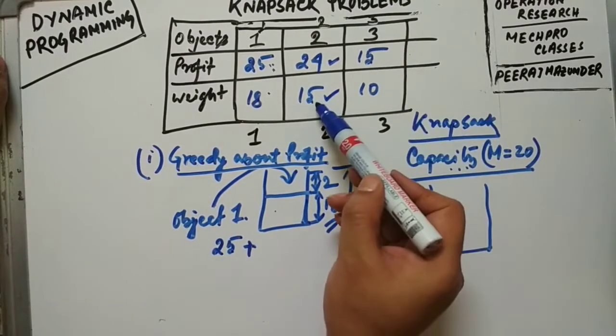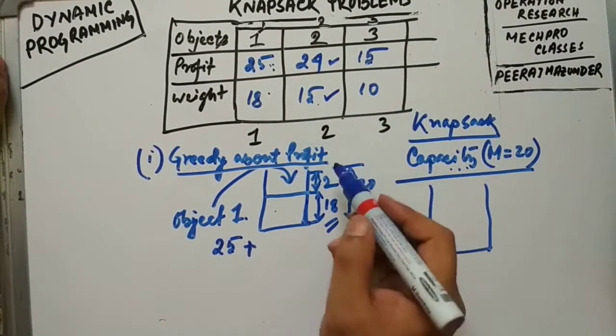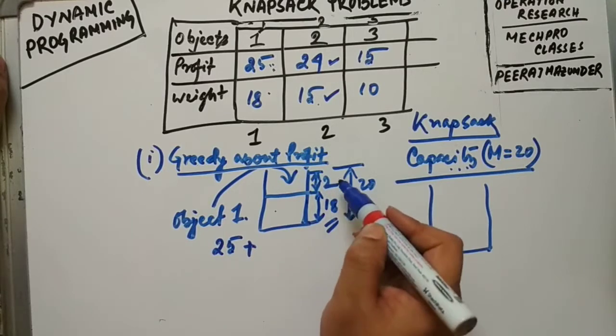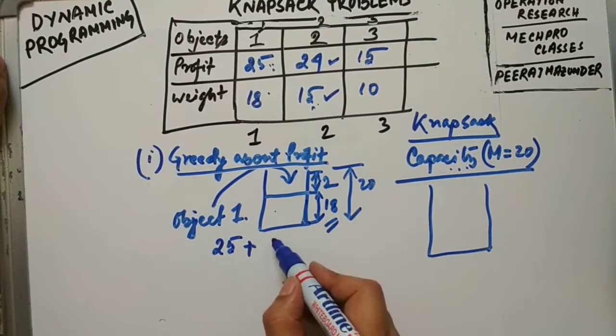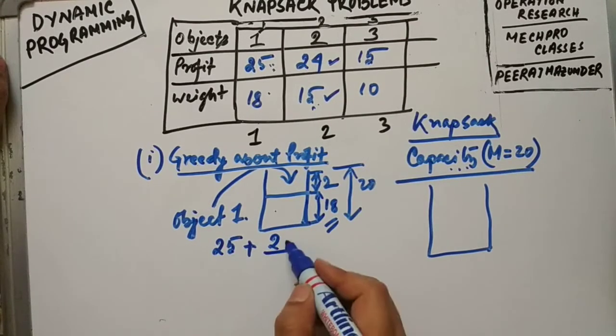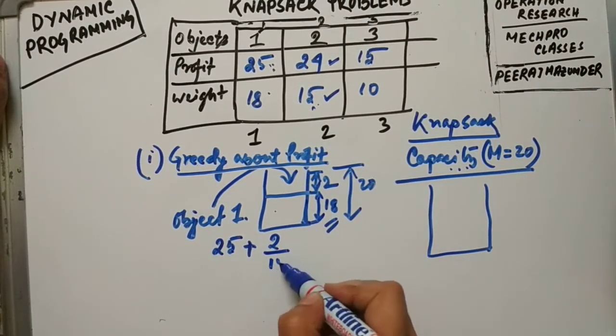We have only 2 units of capacity left, so we cannot fill 15, but we can fill a proportionate amount, that is 2 by 15.